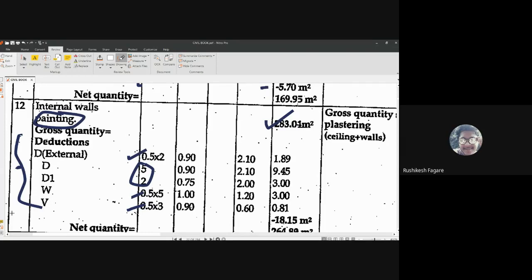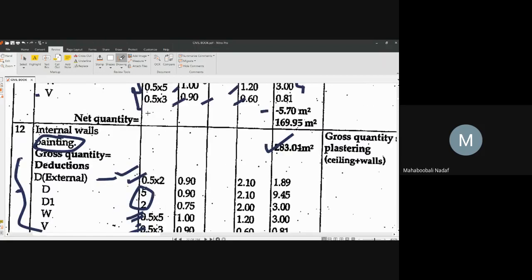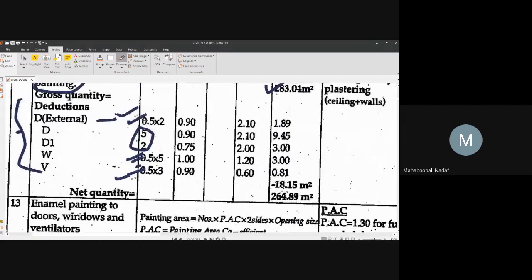Because they are internal, they have to be deducted totally from internal. But these items, D external, W and V, have been deducted in external painting also. That is why only half of them is taken. Other D and D1, which are there only for internal, there they have to take the full square meters.